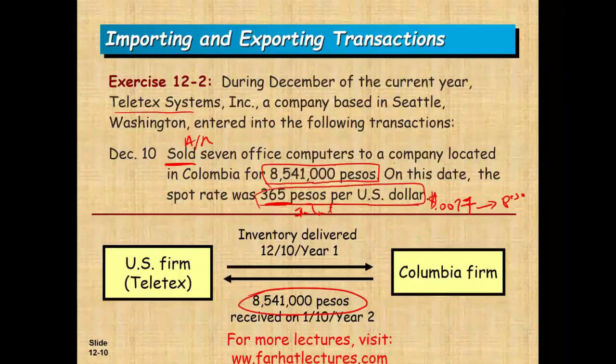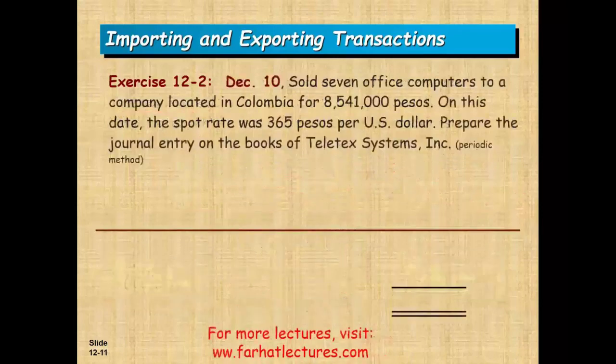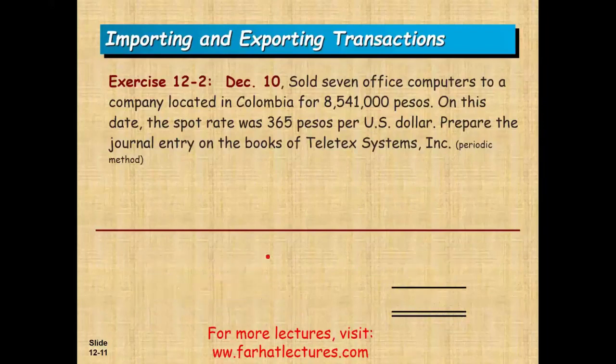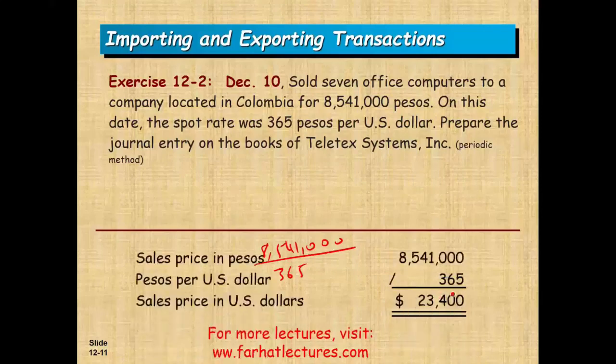So how do we record the transaction? Well, first, we have to record the transaction in US dollars. We have a receivable. So we'll take the amount of the pesos, which is 8,541,000 pesos, and we're going to divide it by 365. As a result, we're going to have a receivable of $23,400.